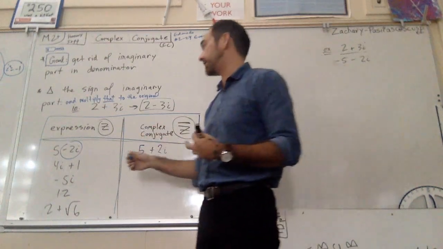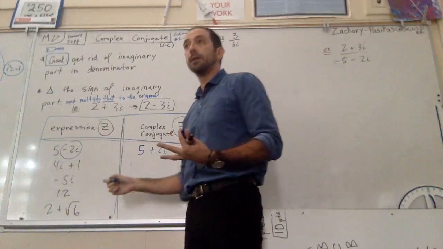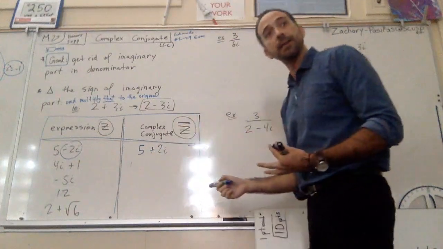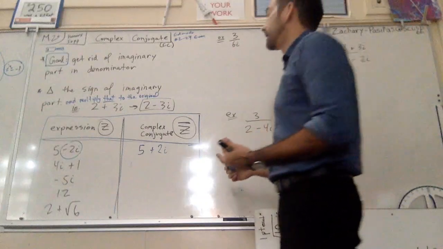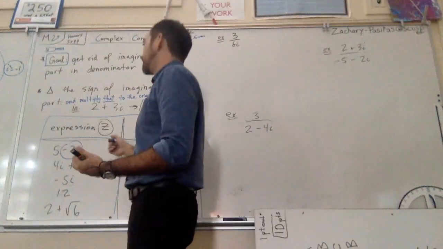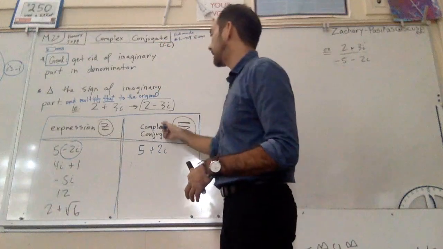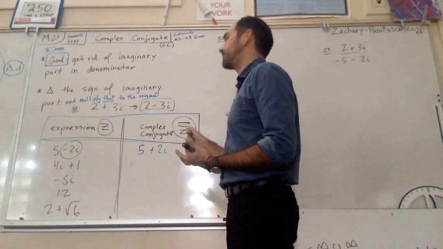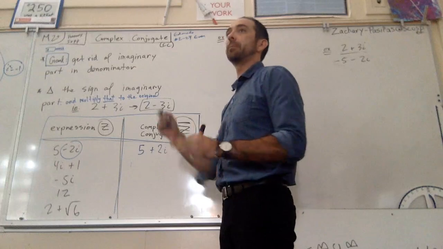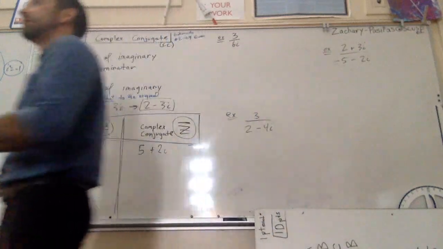You look to see which is the imaginary part of the complex number, and you change that to the opposite sign. One thing, too, you may see this notation. If the expression is denoted by z, the complex conjugate is z bar. Sometimes you see the bar over x if you're talking about the mean.